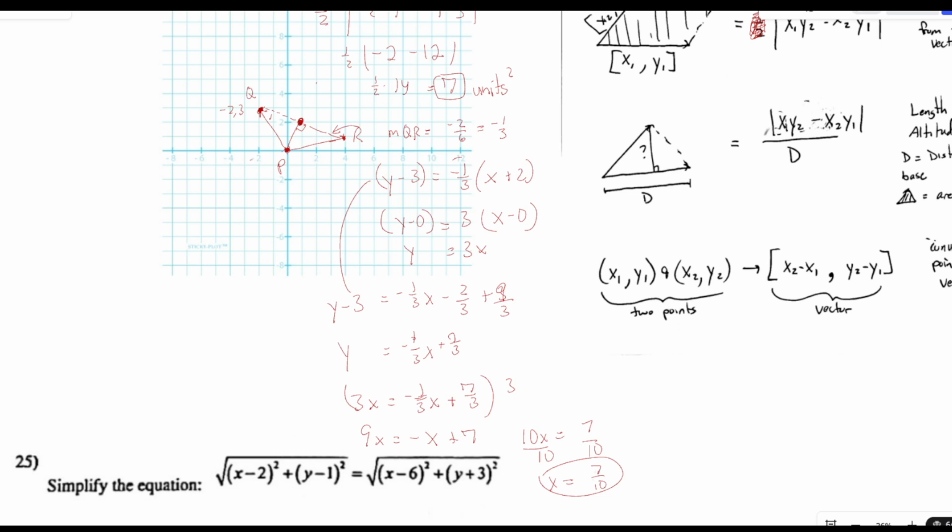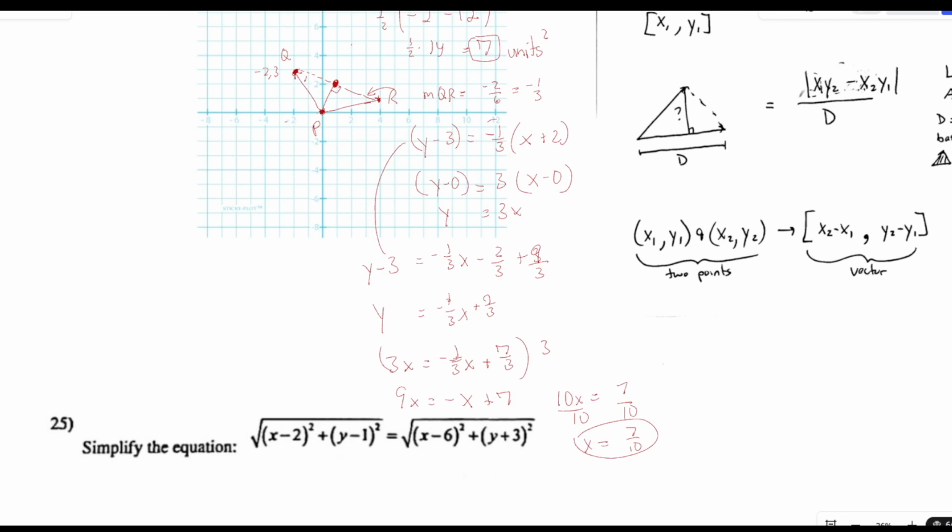So I'll plug in 7/10 back into one of the equations. This one looks easier. Okay, and now I need to do the distance formula from 0, 0 to my point 7/10, 21/10.